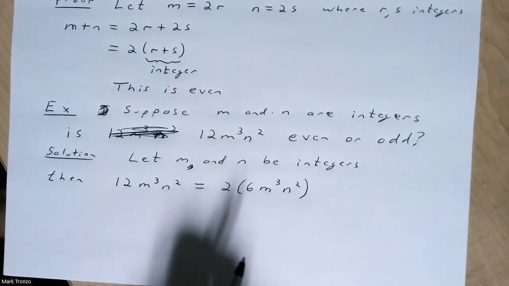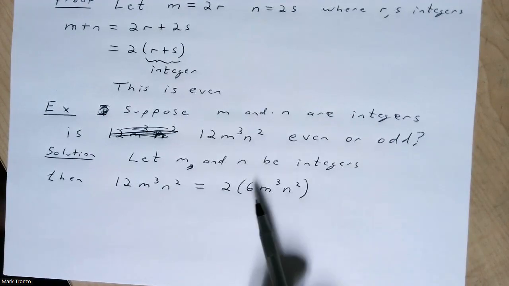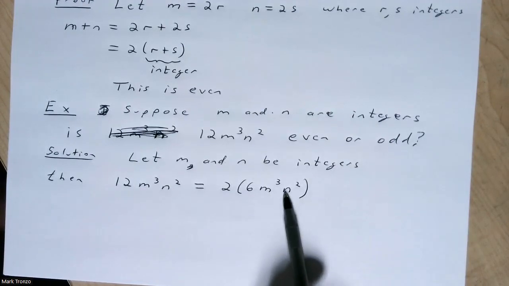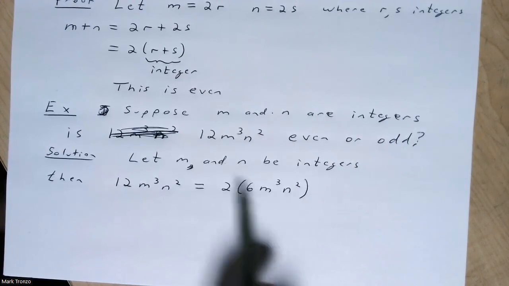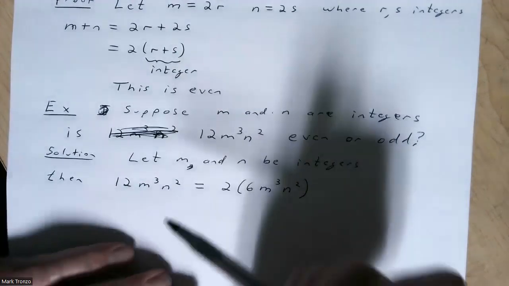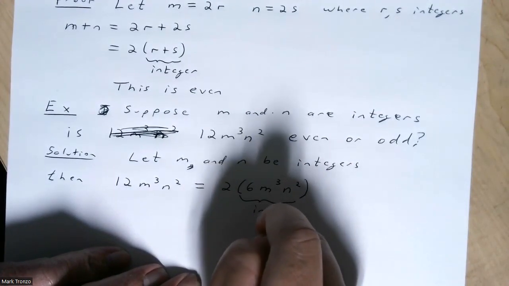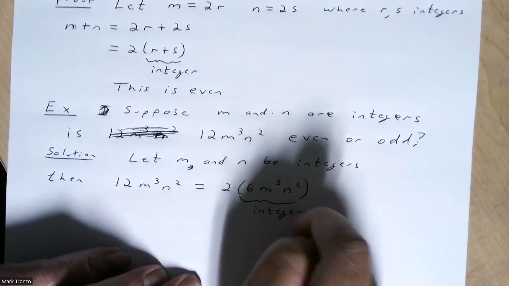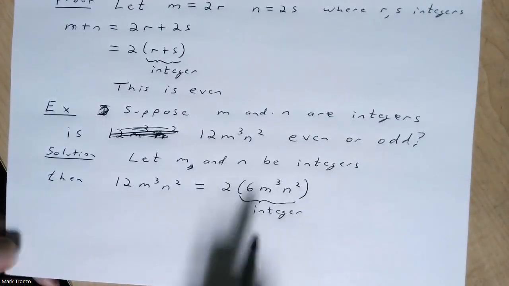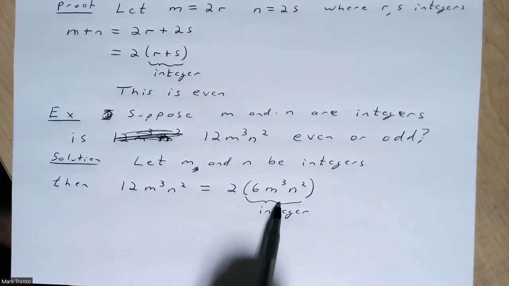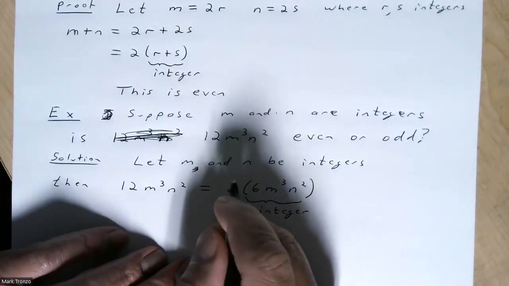And the product of integers is an integer. So this is an integer. n is, m is. Of course, 6 is obviously an integer. And so this is an integer. So what we have here is 2 times an integer again. So this is going to be even.